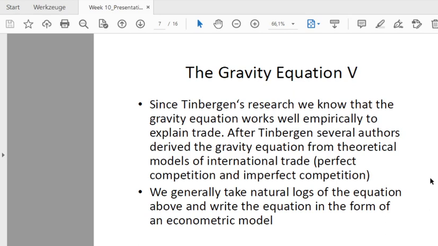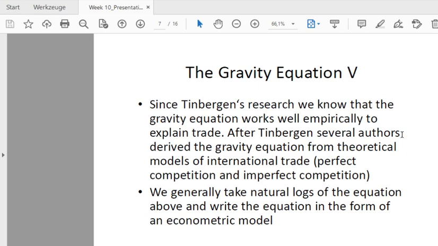Since Tinbergen came up with his research, a number of economists have tried to follow, and we know now that this approach works very well to explain trade internationally between countries, but also to explain trade between regions, for example within one country, or trade in a certain region, let's say in the African continent or in Asia or in Latin America or in Europe.